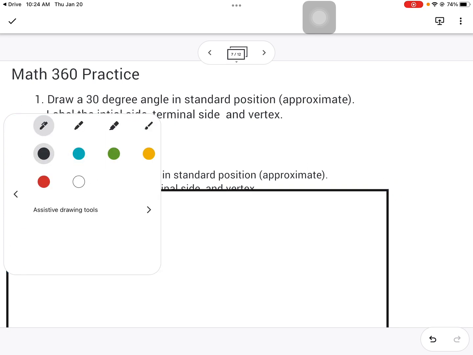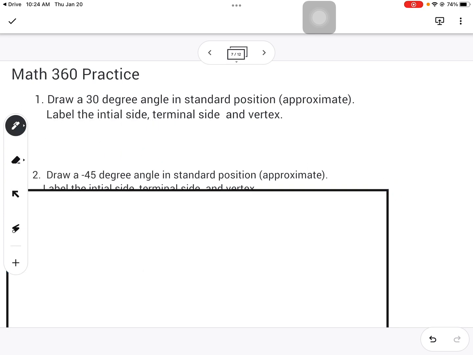Okay. So again, the first thing I notice is it's in standard position. So I'm going to draw my coordinate plane. I'm going to put my vertex at the origin and draw my initial side right there on the x-axis.